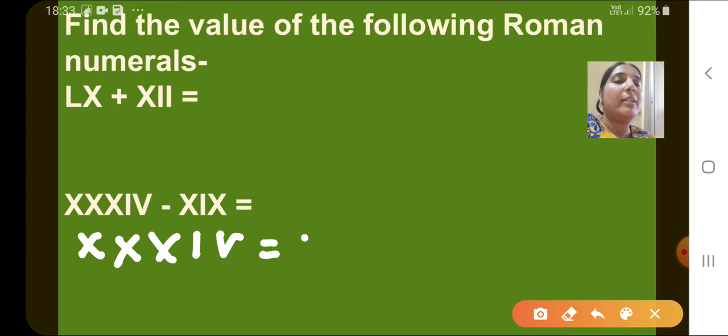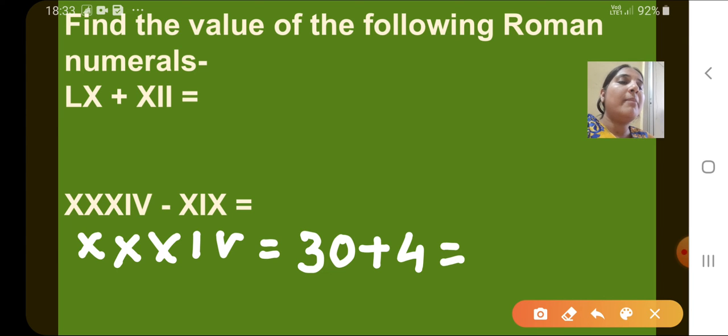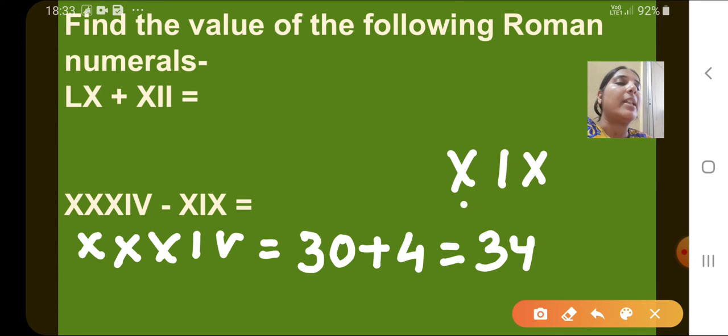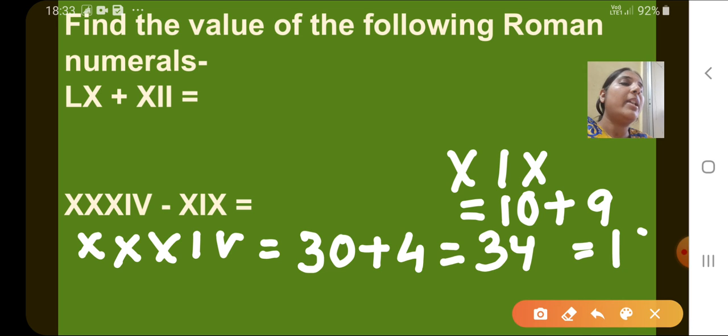The value will be 30. And IV stands for 4, isn't it? So this will become 34. Whereas XIX, what will be the value for XIX here? Yes, X stands for 10 and IX stands for 9, isn't it? So this will be 19.